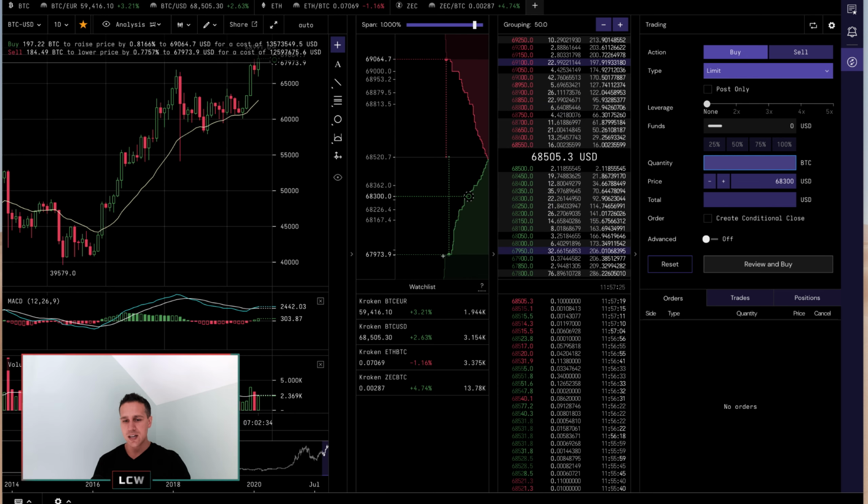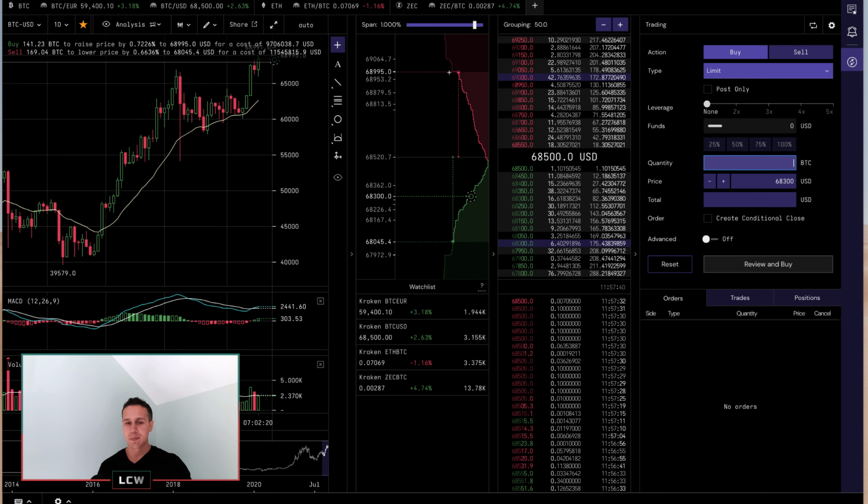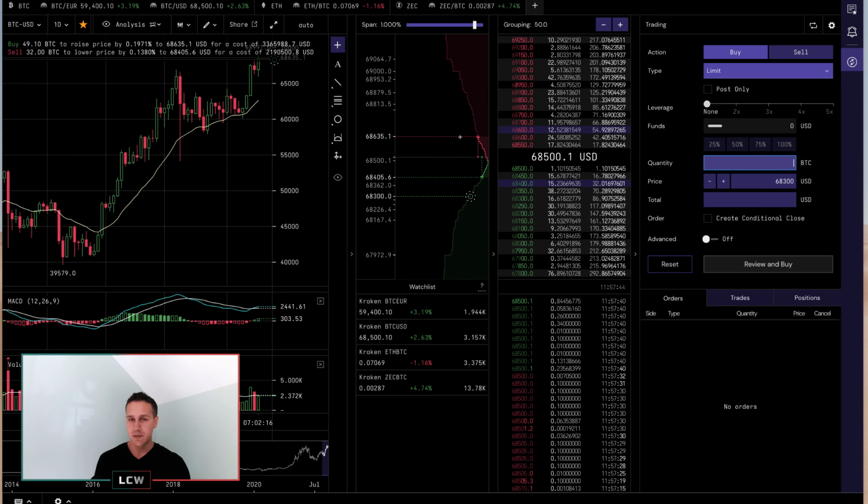And when you see big notches out like this, you can see that that's somebody placing a big order, or that's somebody that believes that that's where the price floor is going to be on the next drop, or the next top being up here at 69,000. So that's where people think a lot of resistance is going to be. That's the overview of the order book.